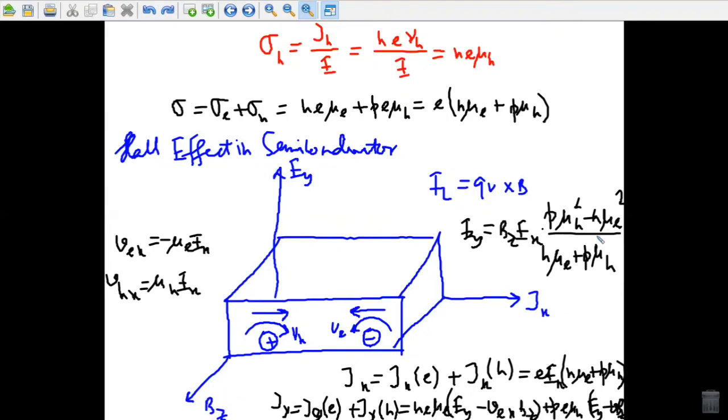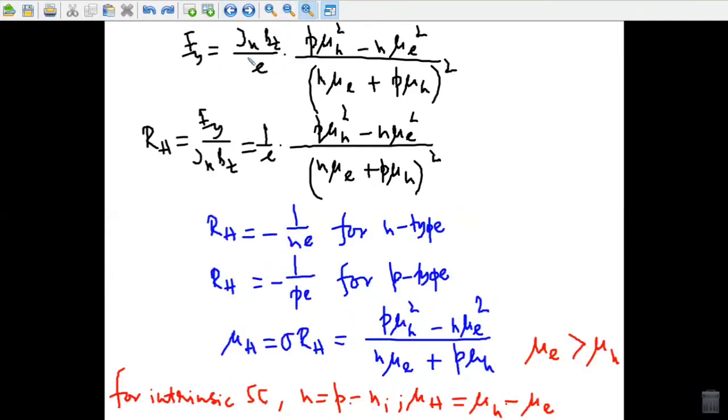Further, substituting the value of Ex from the earlier two equations, we have Ey is equal to Jx Bz divided by e times ((P mu H square minus N mu E square) divided by (N mu E plus P mu H)) whole thing square.